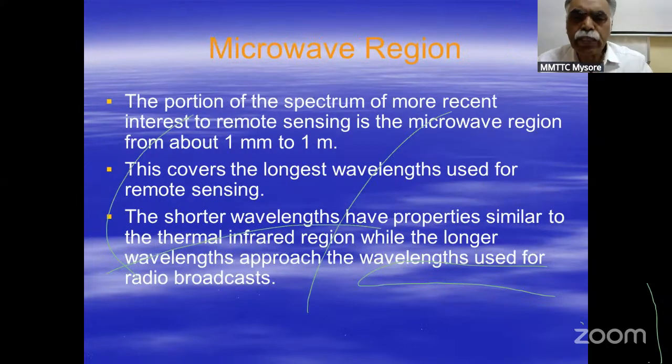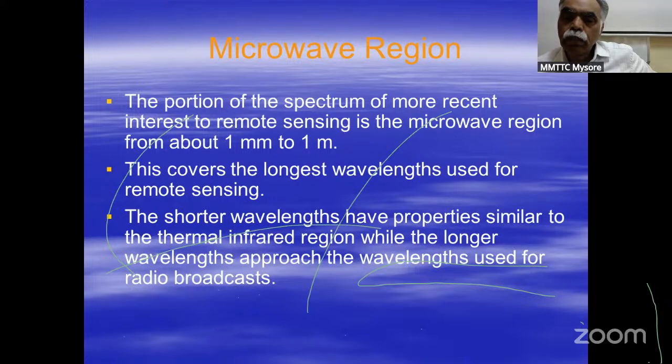So the microwave region is another aspect which is giving the information below the subsurface. Always we see that the visible spectrum is only limited to the surface. As soon as the sunlight falls, the reflected energy will be captured by the sensor.